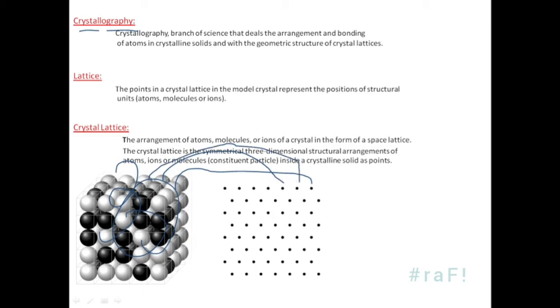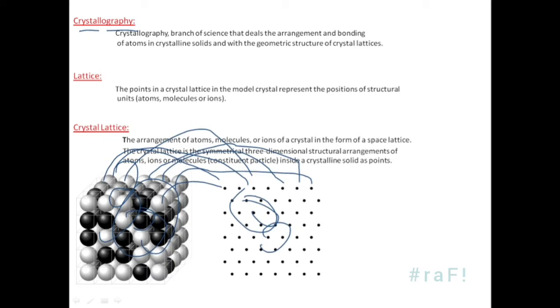We are representing each atom or ion or molecule of some element as a point. These atoms we call base, and we represent each atom as a point. So this structure or this figure we call lattices.